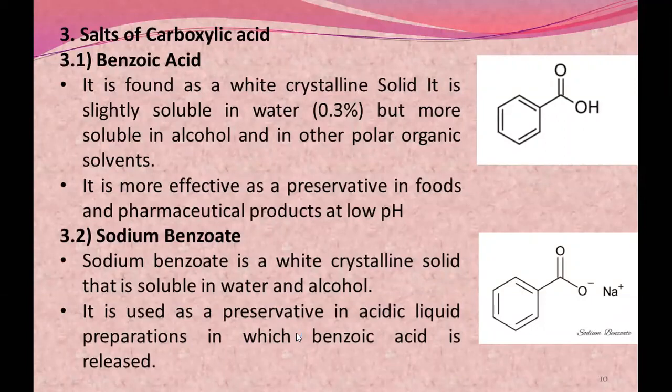For those pharmaceutical products or dosage forms whose pH is to be maintained at a lower, acidic pH, you are supposed to use a preservative that is acidic in nature. So benzoic acid is used in such dosage forms where the pH is low.